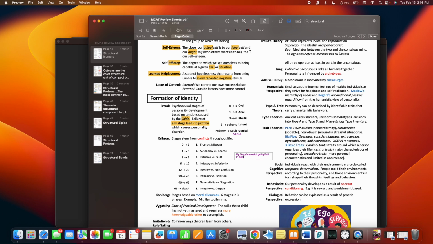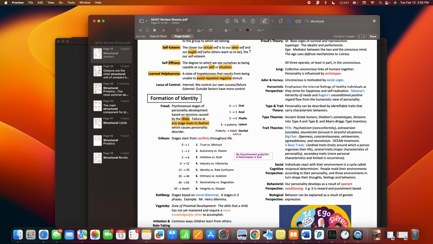Red: role confusion versus identity. In red, role play. Is: isolation versus intimacy.